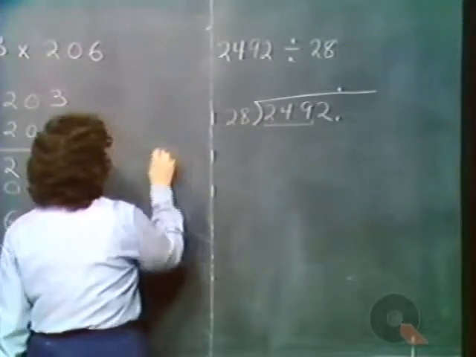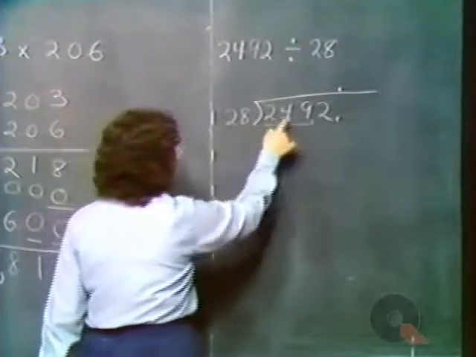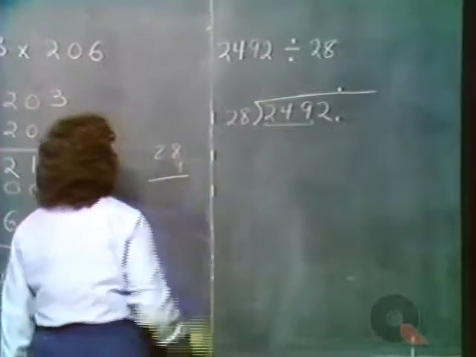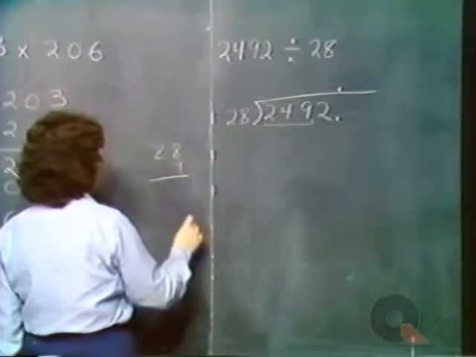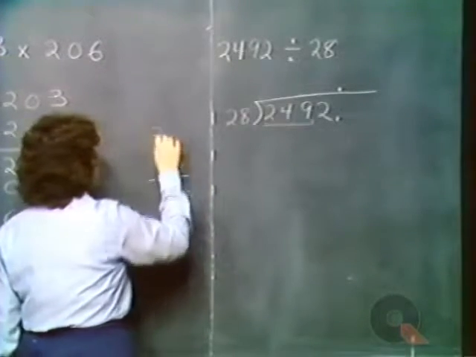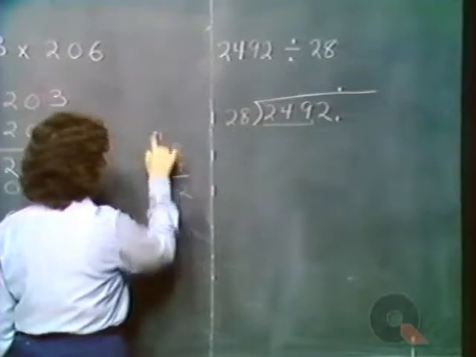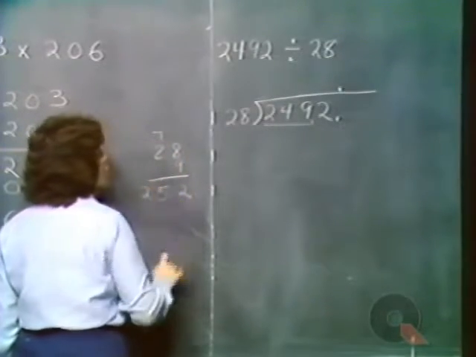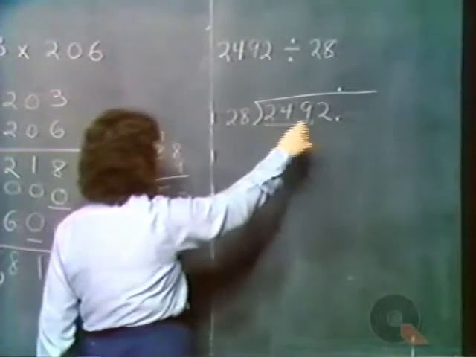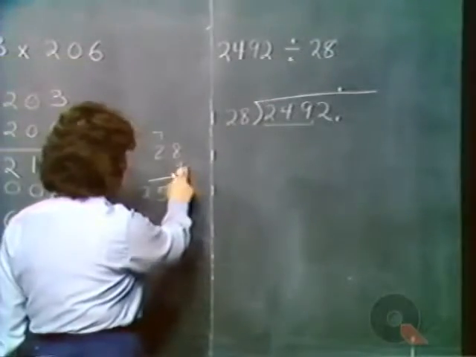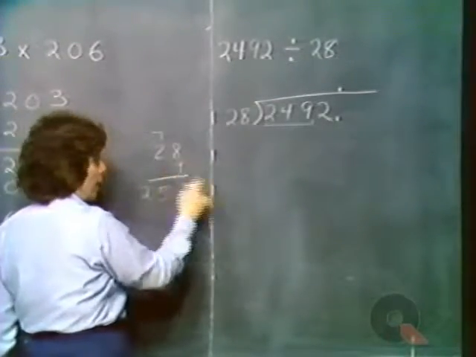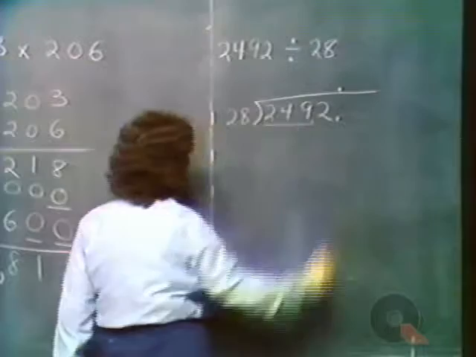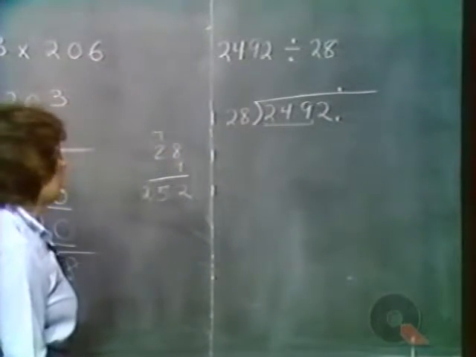Let's try 9. 28 times 9. 8 times 9, that's 72. Put down the 2, carry the 7. 2 times 9, 18 and 7, 252. So it's a little too big. Okay, we want to write down the largest number so that the product does not go over 249. Okay, so 9 was too large.